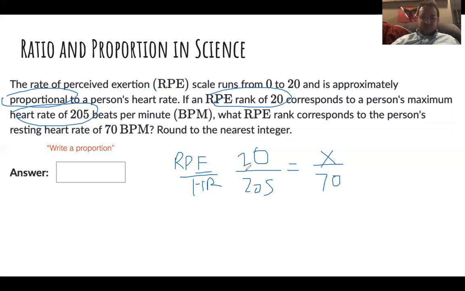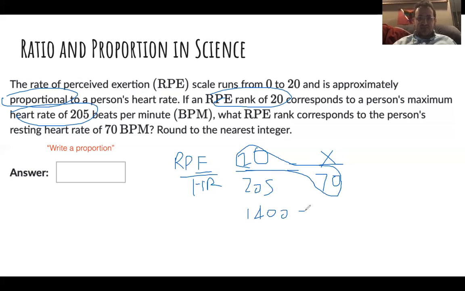So I'm going to cross multiply. So I get 1400 equals 205x. And I'm going to divide by 205.